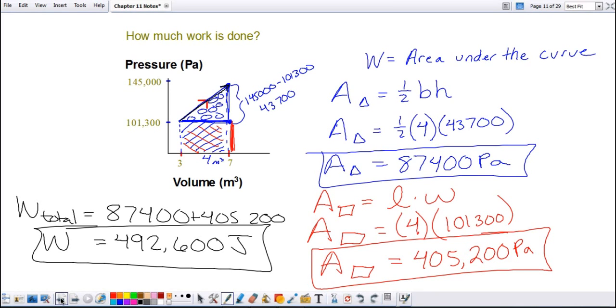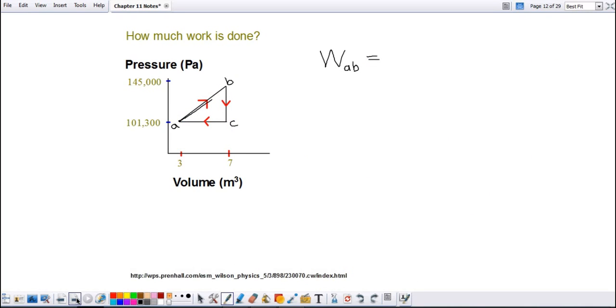So we still have 492,600 joules of work done from A to B. The work done from B to C, well, there is no area under the curve here. And that's because this is isochoric, or isovolumetric, which means that the volume's not changing. And if the volume's not changing, there's no area under the curve, and there is no work done.